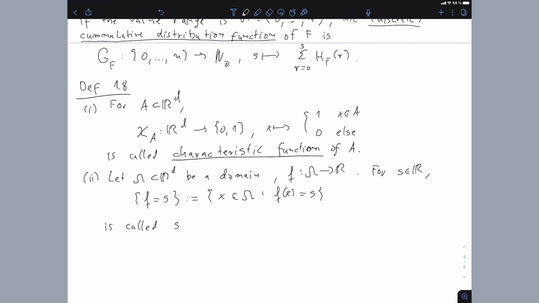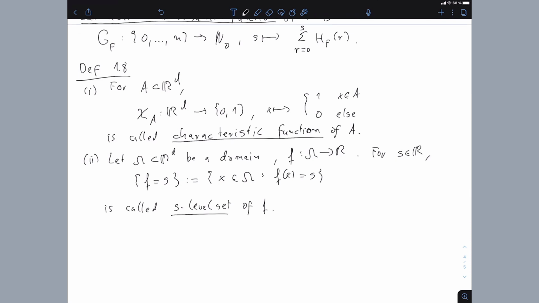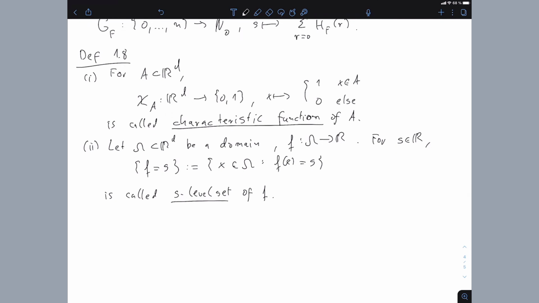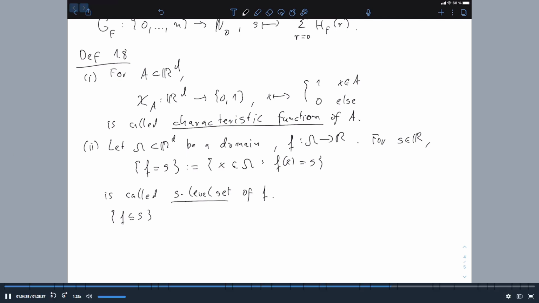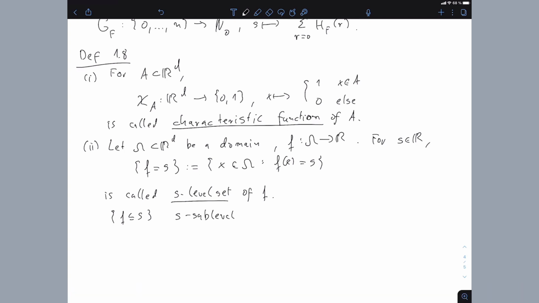And this is called the s level set of f. Analogously, we have {f <= s}. That was exactly the same definition, except that I replaced this equal by smaller equal. This is the s sublevel set. {f >= s} is the s super level set.